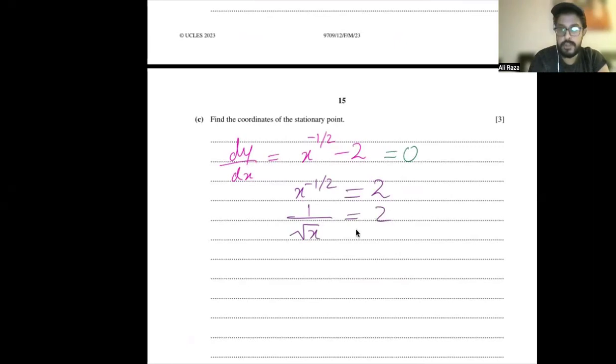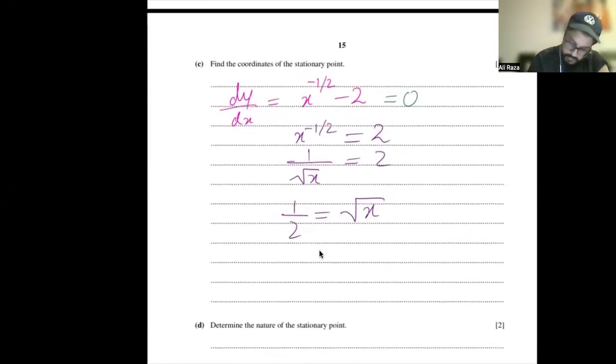And when we cross multiply, we can get the value for x in this case. After squaring both sides, x is equal to 1 over 4.